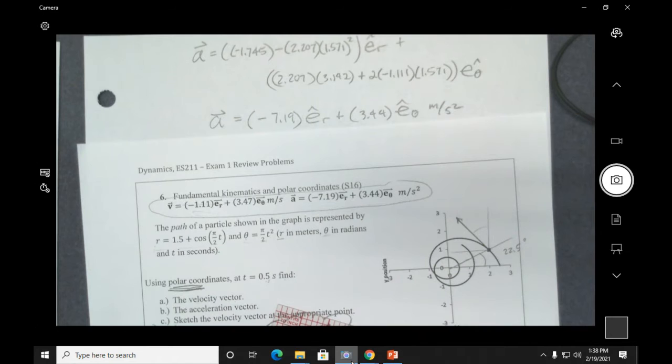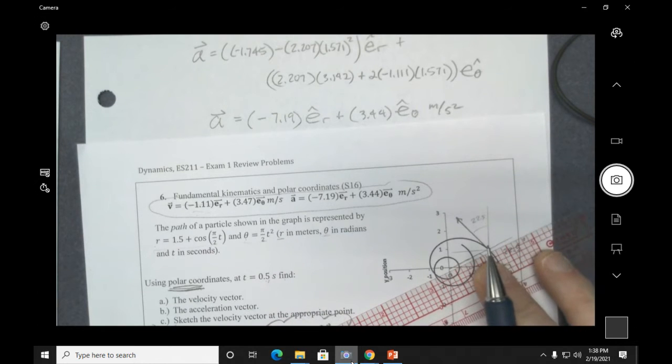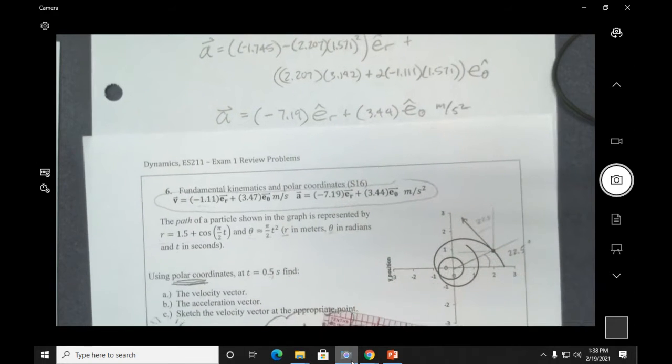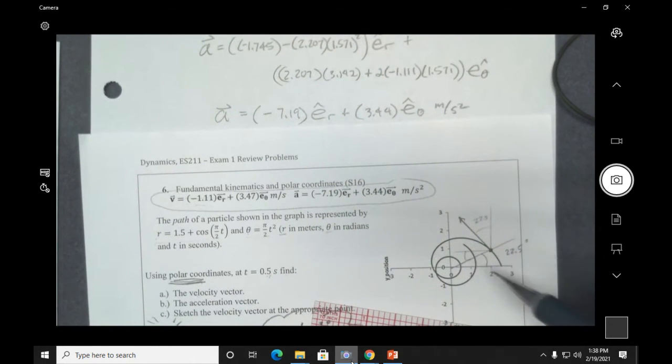But I think that you're going to find that this right here is going to be the 22.5 right there. Yeah, right? Because if you were to rotate that about, that would rotate there. Yeah, so that would be the same angle. Here would be the 22.5, and here's the 22.5.